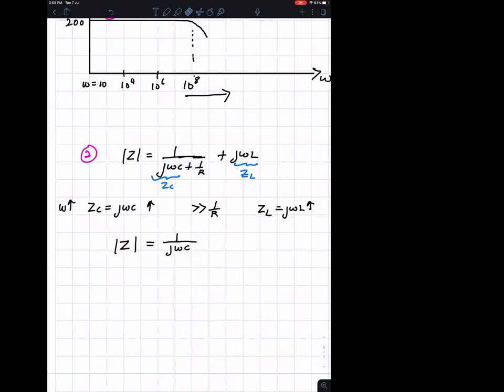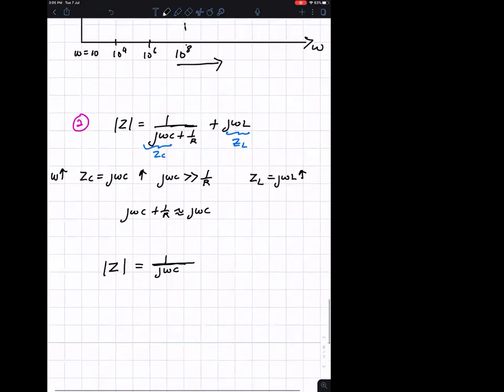We cannot see 1 over R, I just put j omega C. j omega C is much, much bigger than 1 over RC. Therefore, you can say that j omega C plus 1 over RC is approximately j omega C, and then plus j omega L. So this is what's happening.